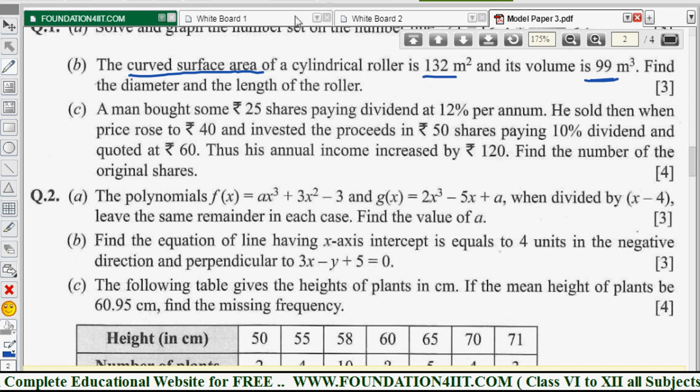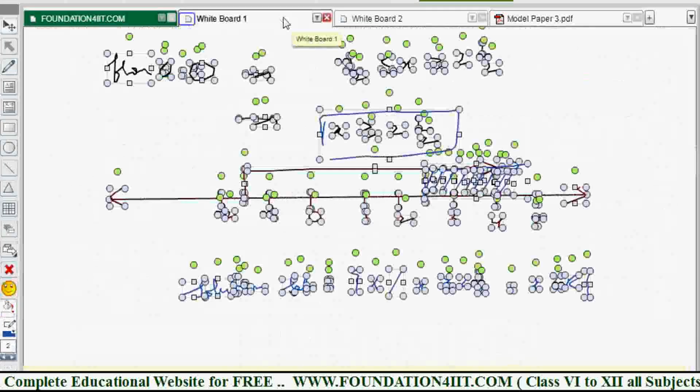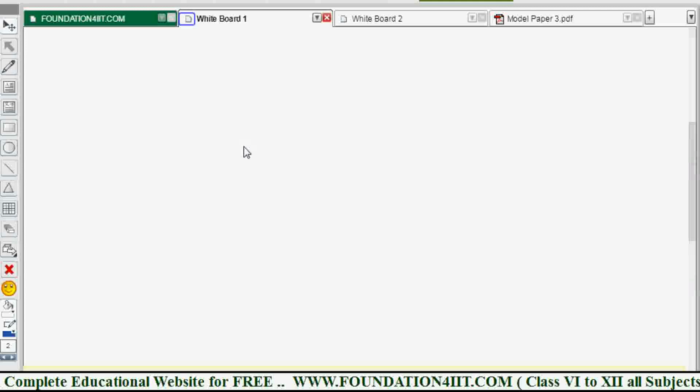Let me take all the given data clearly, understand. So first let us take the original share, before the proceeds. Let us find out this first, then you can find out the new share.